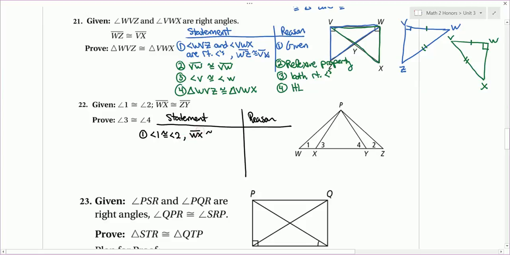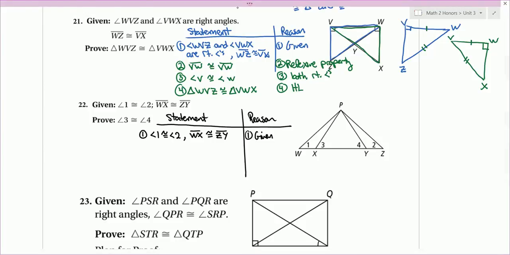WX is congruent to ZY. Here we have two triangles. Our reason for statement 1 is given. Let's mark what's given here. So angle 1 is congruent to angle 2.